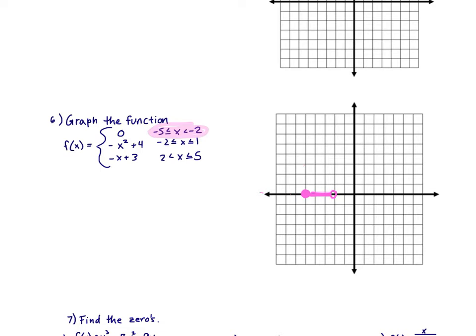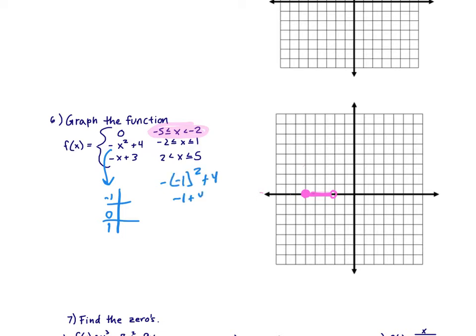So then my second, what shape is this second piece going to be? Parabola. Would it be like an upside down U, or would it be like going up? It is going to be upside down because it's negative. So what I'm going to do real quick, I'm just going to plug in -1, 0, and 1. Just 3 little points. So if I plug in -1, I have -1 squared plus 4.